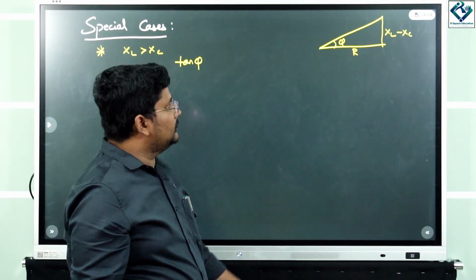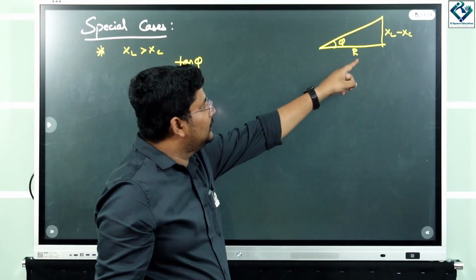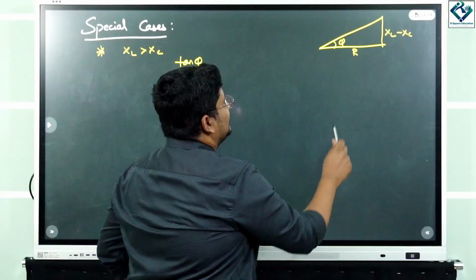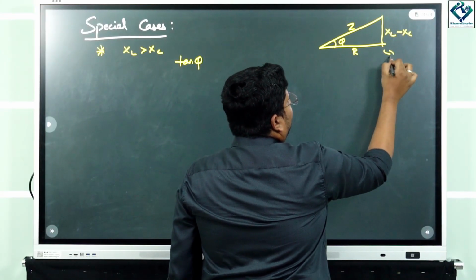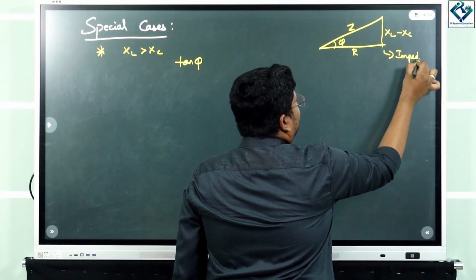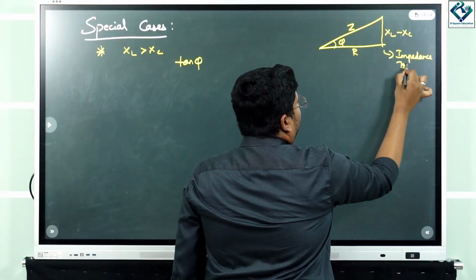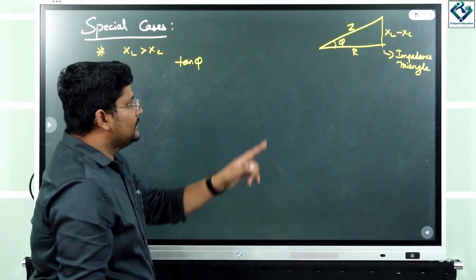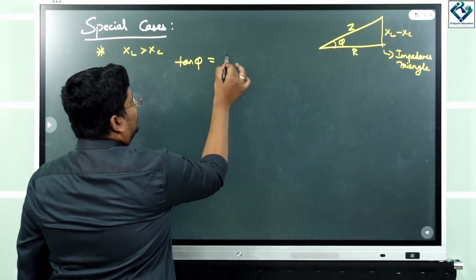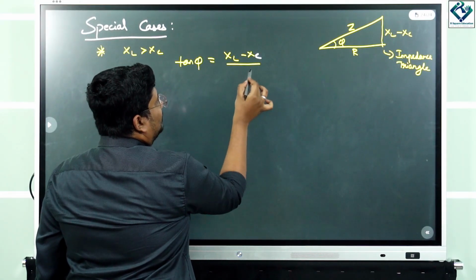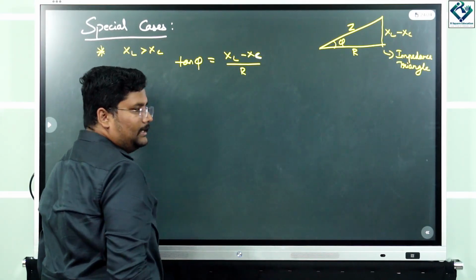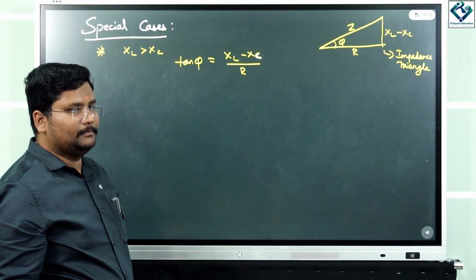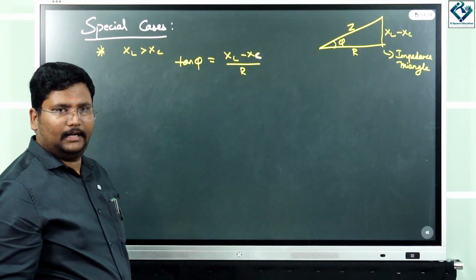Because resistive VR will be there, and here VL minus VC will be there. So respectively we call this the impedance triangle. Okay, right? So using this, if you write tan phi, what will you get? XL minus XC by R. Correct? Opposite by adjacent. Correct? Okay.